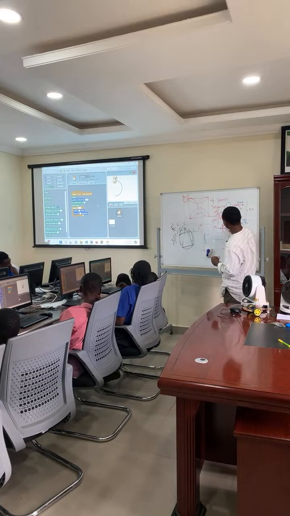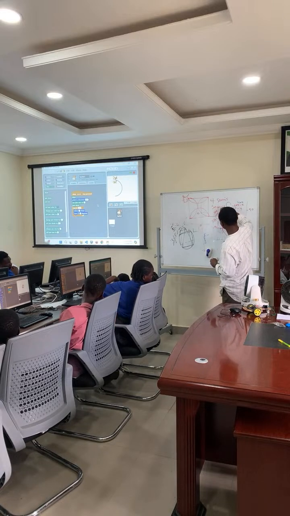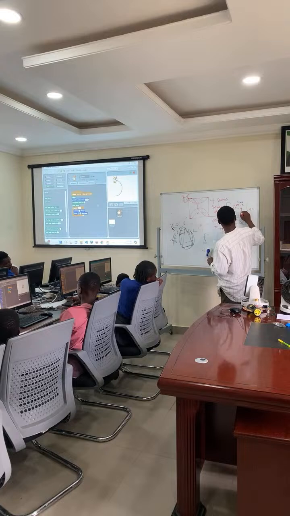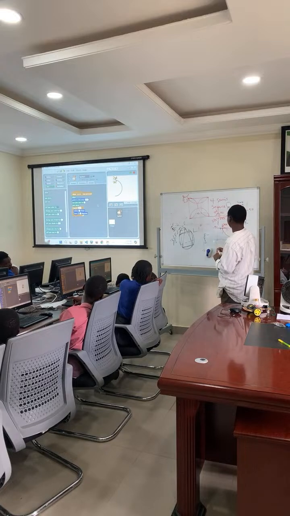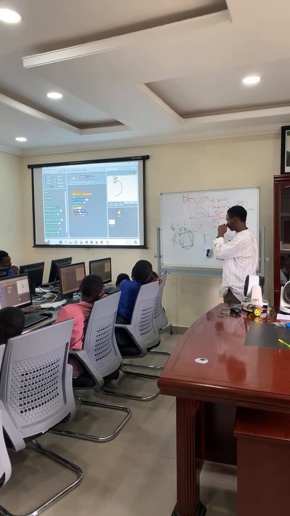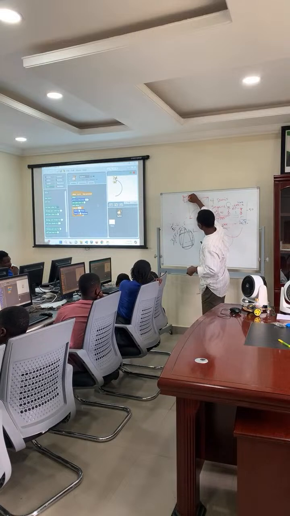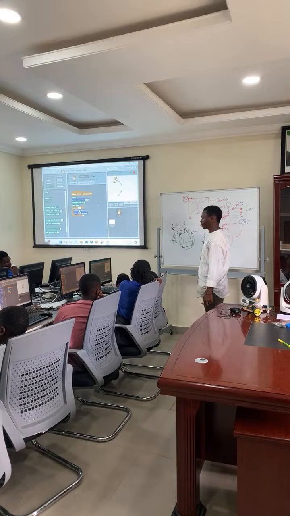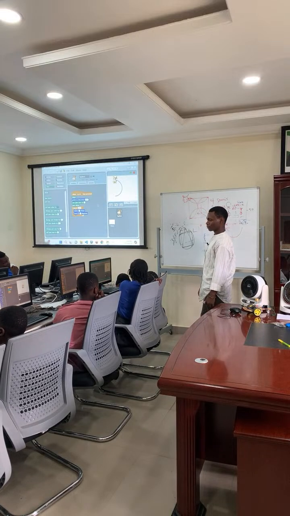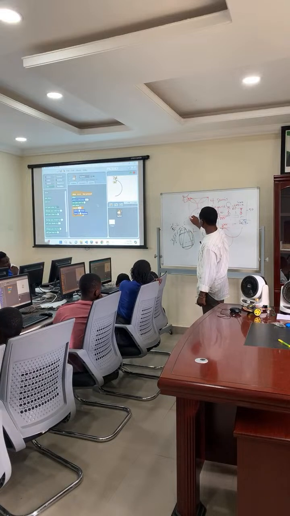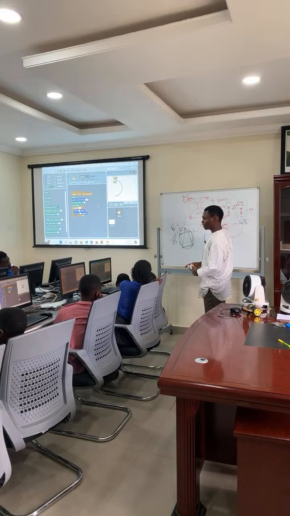How many degrees do I need to tell this now to turn so that it will be inverted like this? What's the angle? 90. Same thing for all these ones, right? All these ones are 90 degrees.